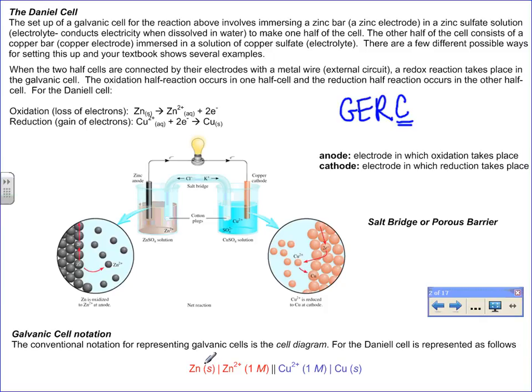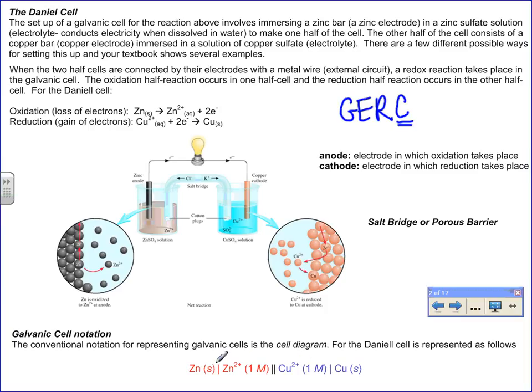So in this case, we've got zinc in a zinc solution. This vertical line represents the separation of the two in terms of their states. So you've got a solid in the solution. This solution is connected to a copper solution that is connected by a salt bridge, which is what this double line represents, and the copper cathode is placed in that copper solution.